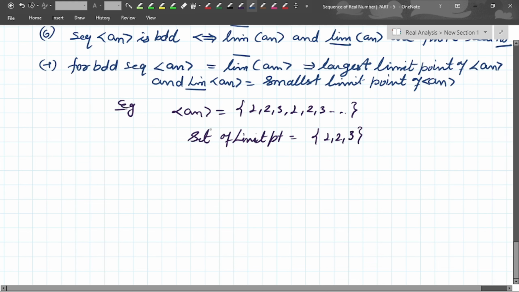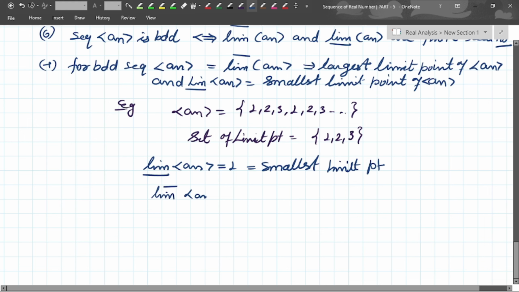The limit inferior of this a_n is going to be 1, which is the smallest limit point. Similarly, the limit superior of this a_n is 3, which is the largest limit point.